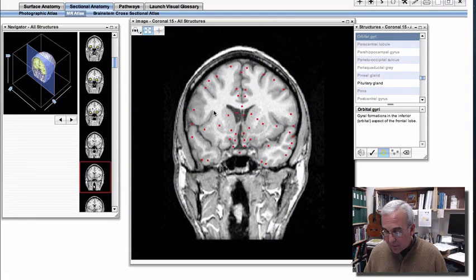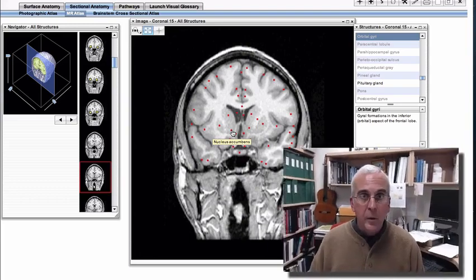And what I would invite you to do is to walk through and make sure you can recognize the structures, not based on how well you can interpret an MR scan, but rather based on your conceptual knowledge of where you expect to find deep gray matter relative to the internal capsule and the other important features of the interior of the hemisphere. Okay, well, with a little practice, I'm quite confident that you can acquire these competencies, and you will very quickly be navigating your way through sections of the human brain.